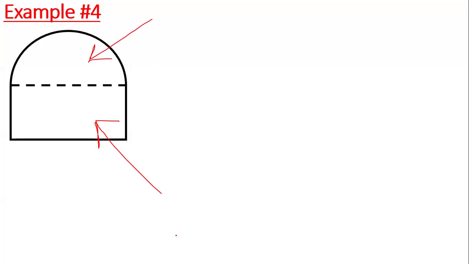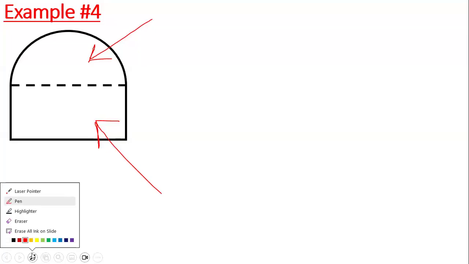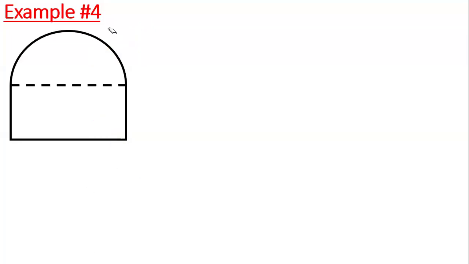If you're not finished with the quiz, just put a pause on that because we need to move on. So on top we have a semicircle, and at the bottom we have a rectangle. Make sure you draw this.